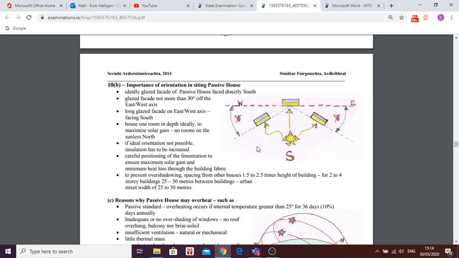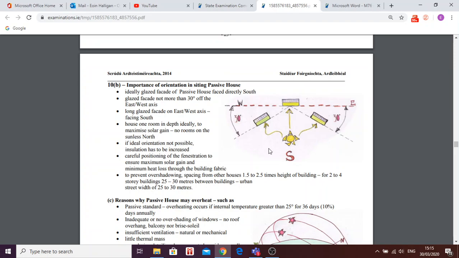Another point to take into consideration when siting a passive house is to take care when you're positioning your windows. So here you can see fenestration to ensure maximum solar gain and to minimize heat loss through the fabric. So basically what you're talking about there is putting your windows on the south face and, as I said, maybe slightly east, slightly west, and having no windows on your north face.